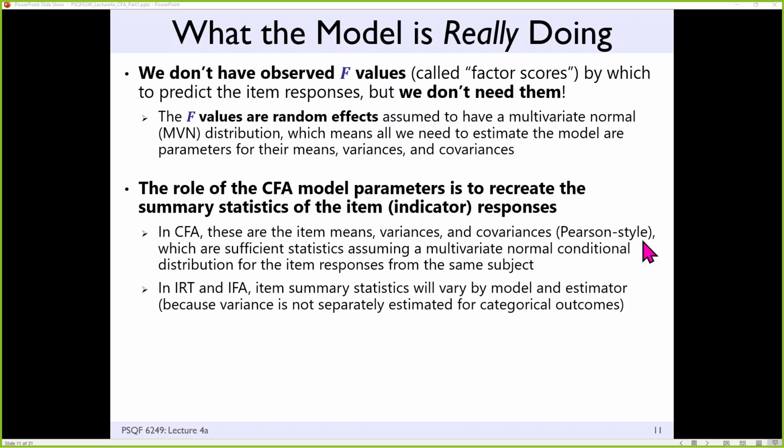What this model is actually for is to create a pattern of how the items relate to each other. So the prediction that we care about is not really Y. The prediction that we care about is the Y covariance matrix. That's what we're trying to come back to. So this model is going to say, I think these items are correlated in this particular pattern.